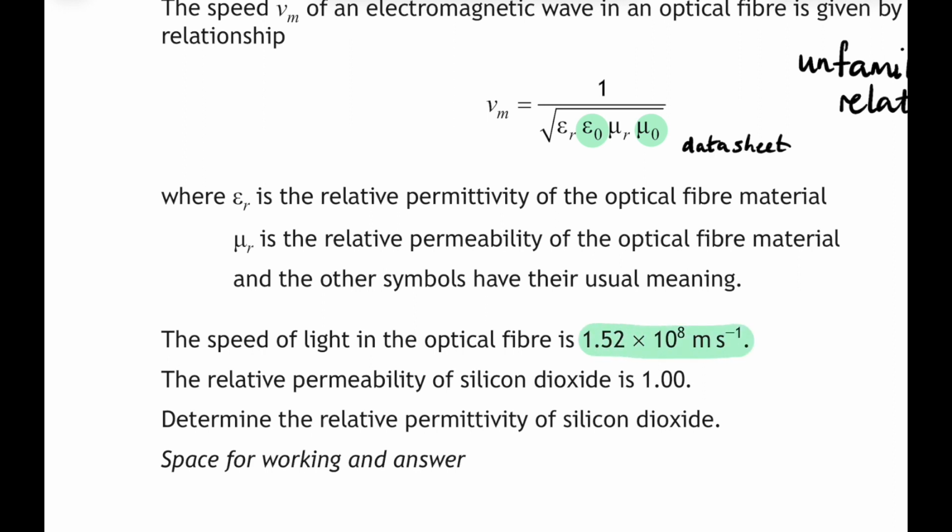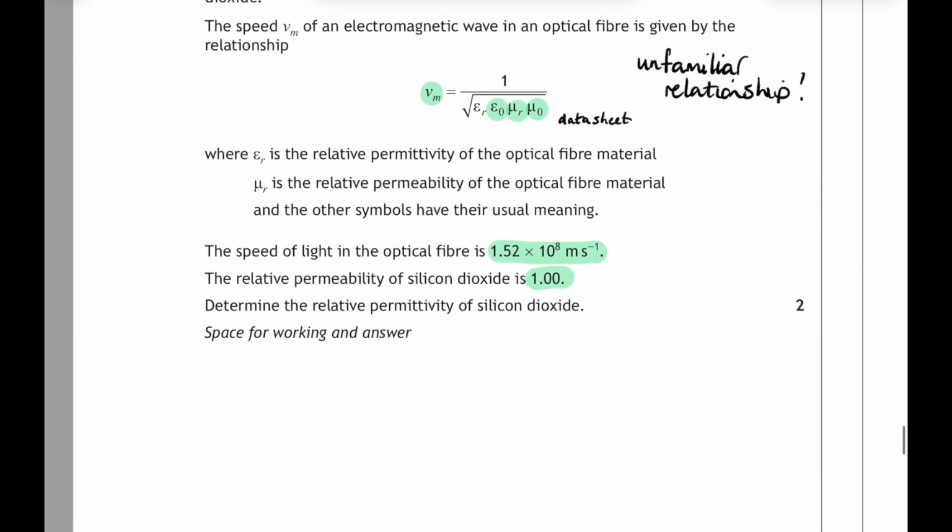That's the one that we've to find. And we know what the speed is, it's 1.52 times 10 to the 8. And we're told the relative permeability of silicon dioxide is 1. That's the mu subscript r value. So the quantity we're looking for is E subscript r, or epsilon subscript r, the relative permittivity of the optical fibre material, in this case silicon dioxide.